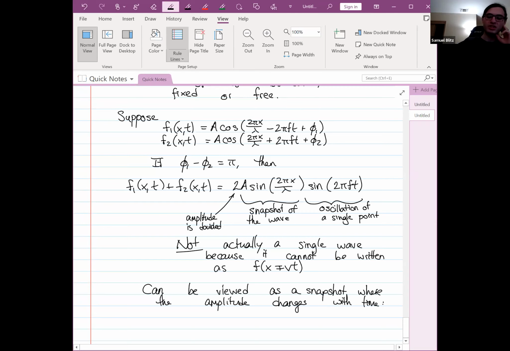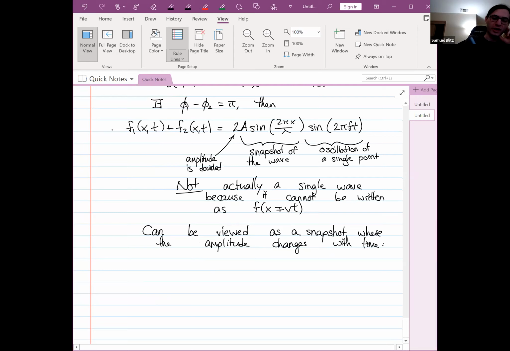So the way to do that is just to, let's call this f of x and t, reorder the terms and then group. So this would be 2 times a, and then I'm going to write the sine term with the t in it first, put parentheses around that, times sine of 2 pi x over lambda.